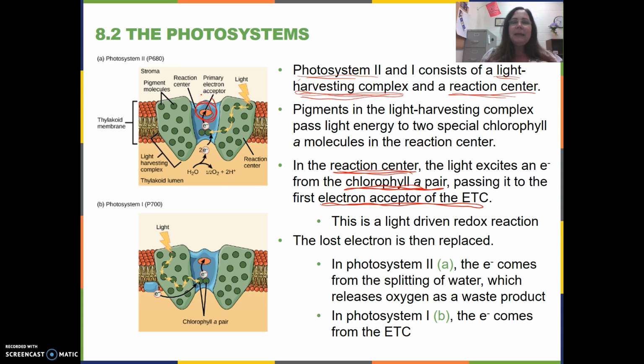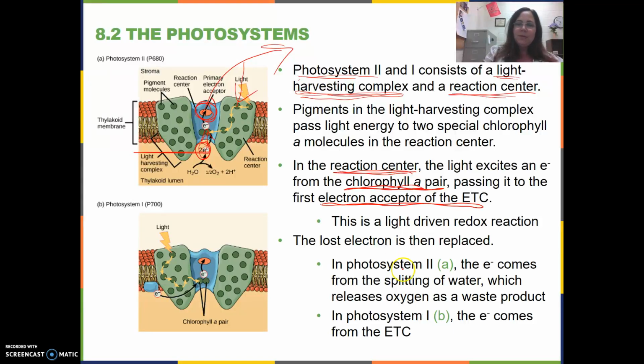So what's happening is sunlight is absorbed by the pigment molecules in the photosystem. The electron comes from the splitting of water. The electron is excited, and it reaches two reaction center chlorophyll A molecules, and then it is passed to the primary electron acceptor, and then from here is when it is moved through the electron transport chain.